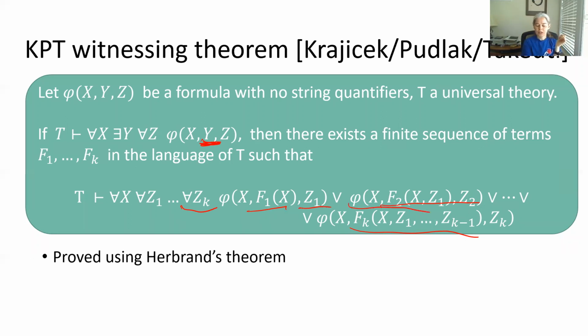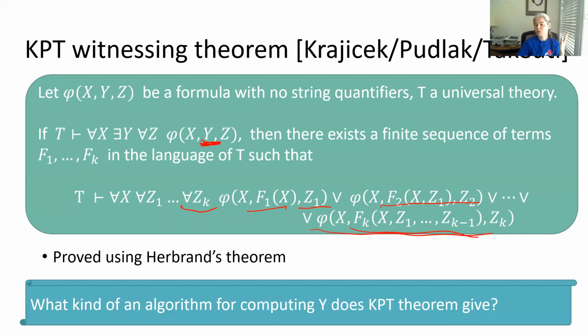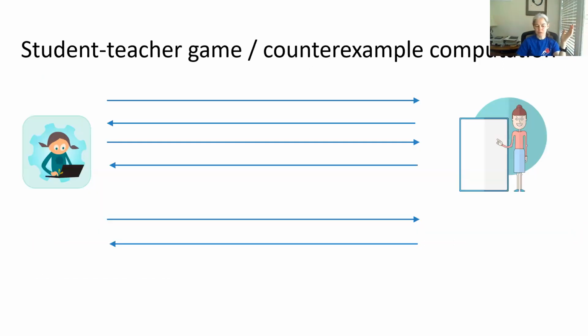So there is another function that takes this counterexample to the first one, and knowing that counterexample tries to compute y again. And you continue this process, every time your function takes the previous counterexample and tries to take them into account. So if we now go back to the complexity world, what kind of algorithm do we get?